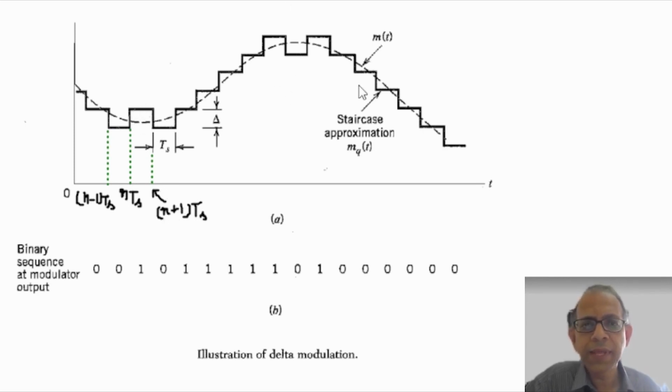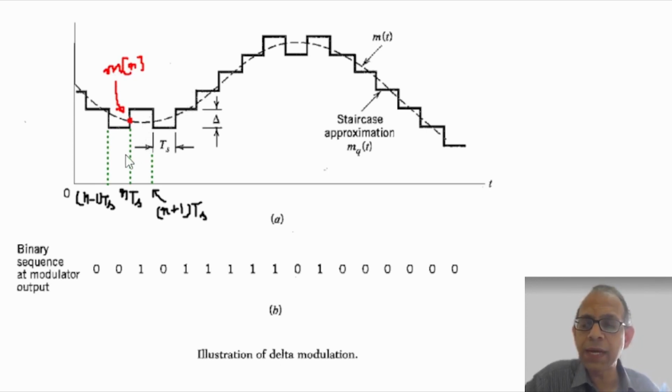Now here, let's say this is the value of m(t). The actual sampling value of m(t) here is m(nTs), which we represent as m[n].